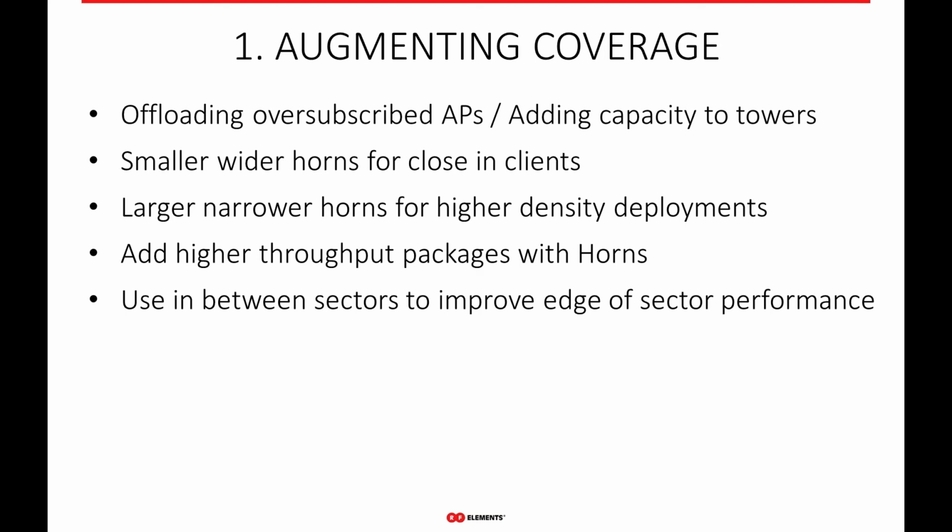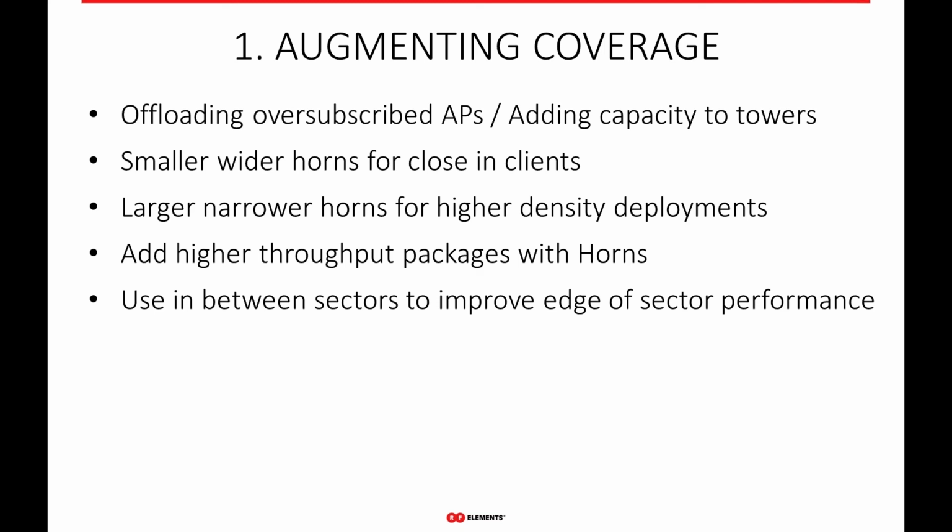So the augmented coverage methodologies can help you if this is the kind of problem that you're trying to solve. Maybe the majority of your customers are actually close in to the tower, so using a wider, lower gain horn may be a better scenario for augmenting your coverage.